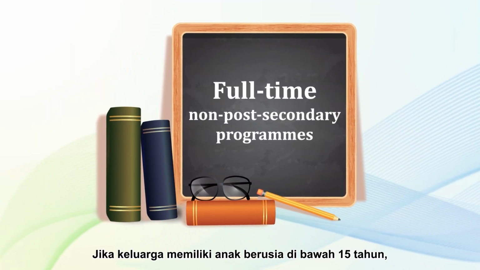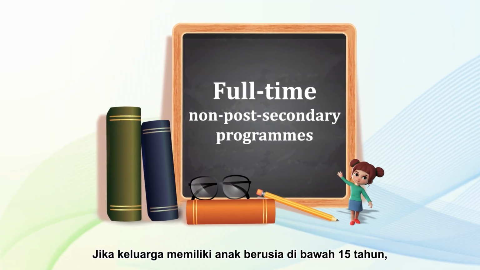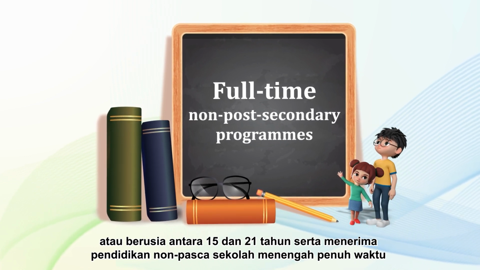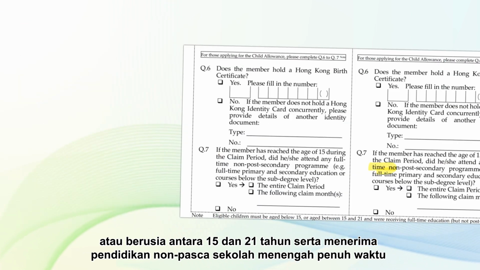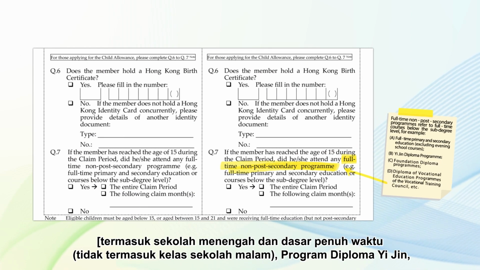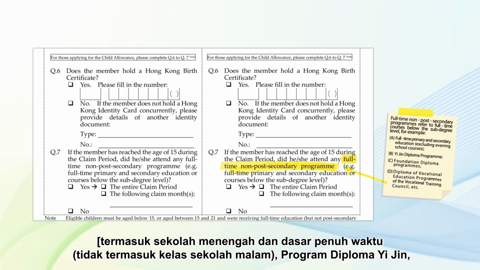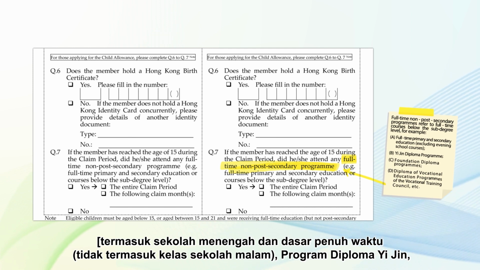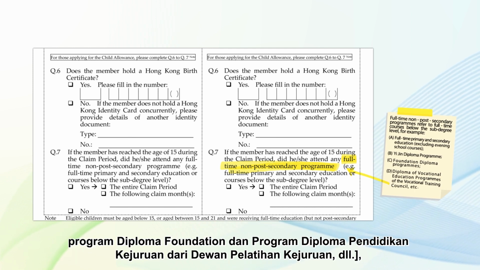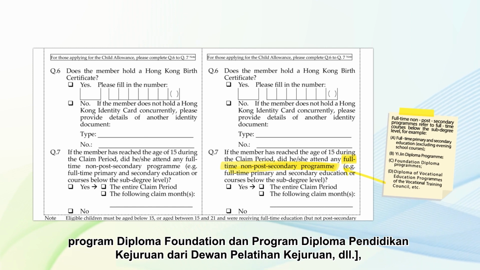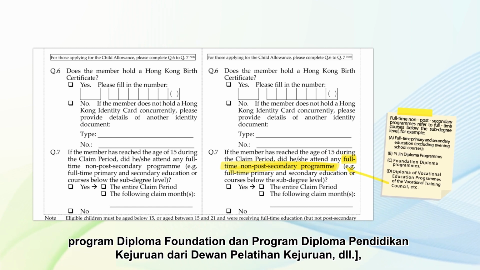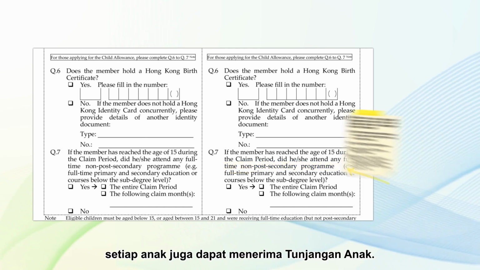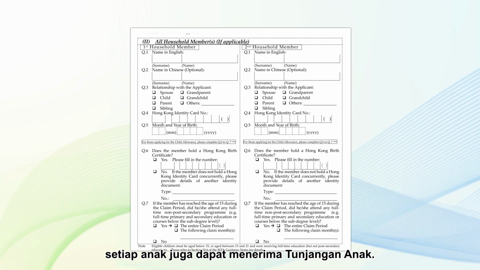If the household has a child aged below 15 or aged between 15 and 21 receiving full-time non-post-secondary education, including full-time secondary and primary school, excluding evening school courses, Foundation Diploma Programs, and Diploma of Vocational Education Programs of the Vocational Training Council, etc. each child may also receive a child allowance.